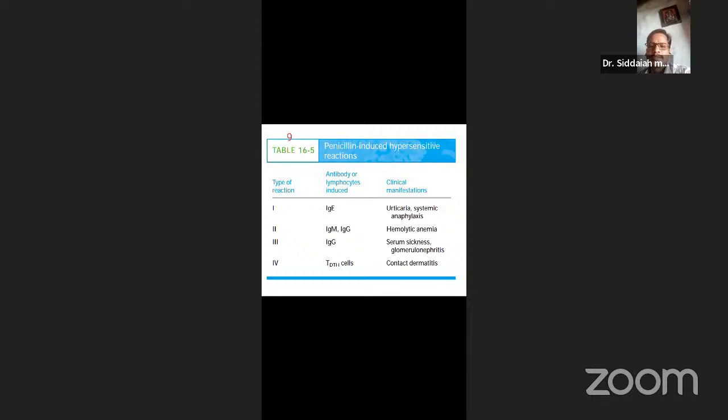When the immune complex occurs, this penicillin injection acts as an antigen, and immunoglobulin G goes and binds with the antigen. And when these two compounds combine, we can also call them immune complexes, antigen antibody complex.